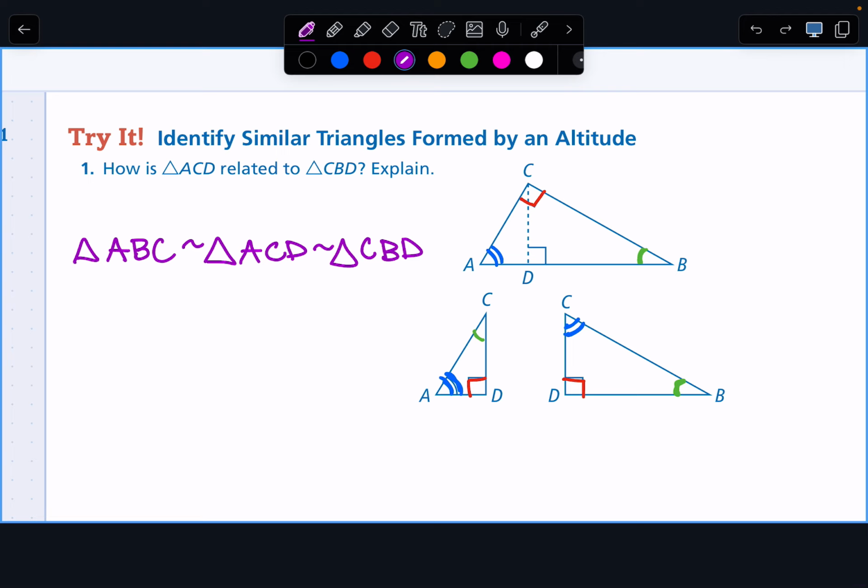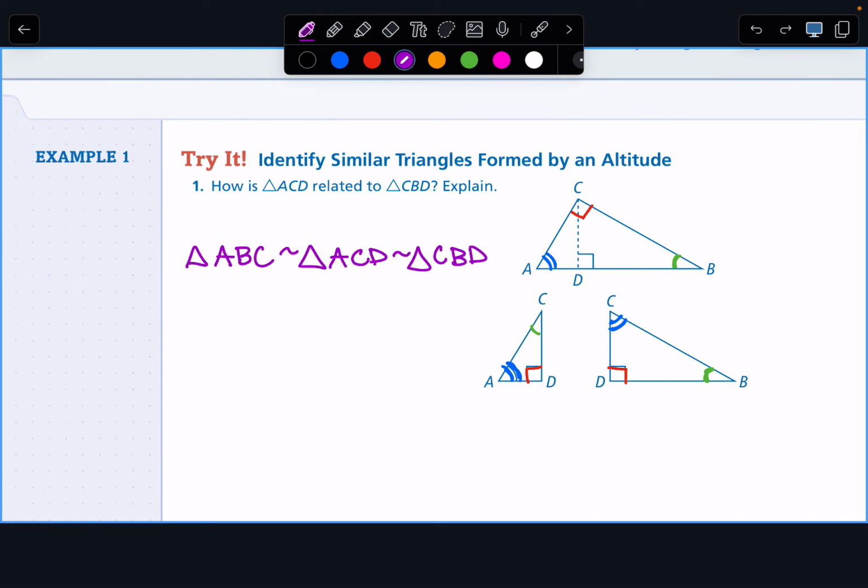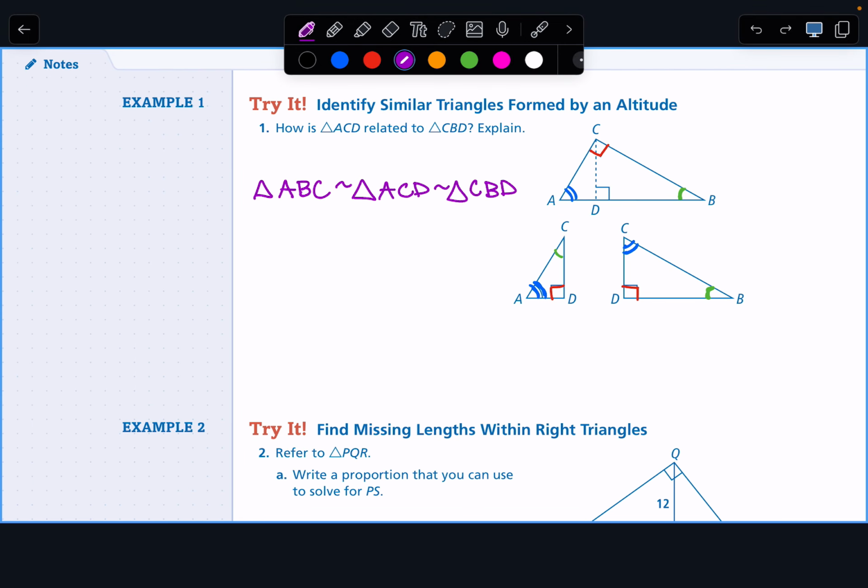So I went A, B, C. I went blue, green, red. Blue, green, red. Blue, green, red. Okay. All right.